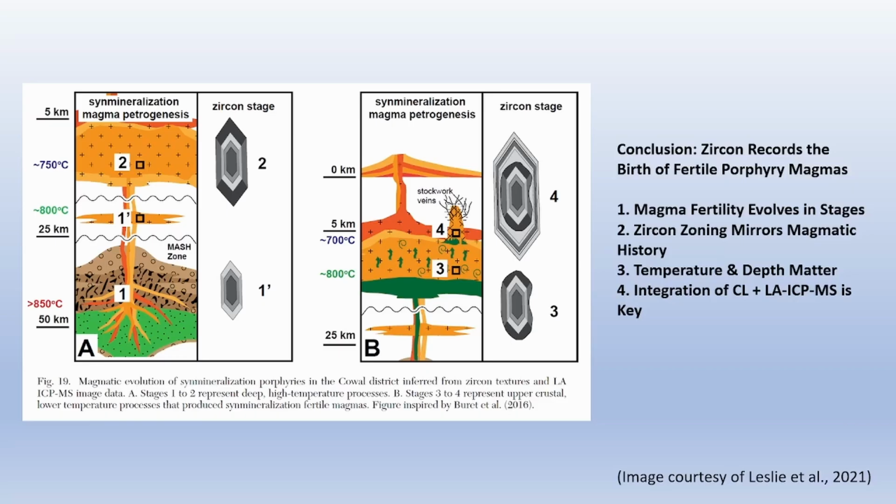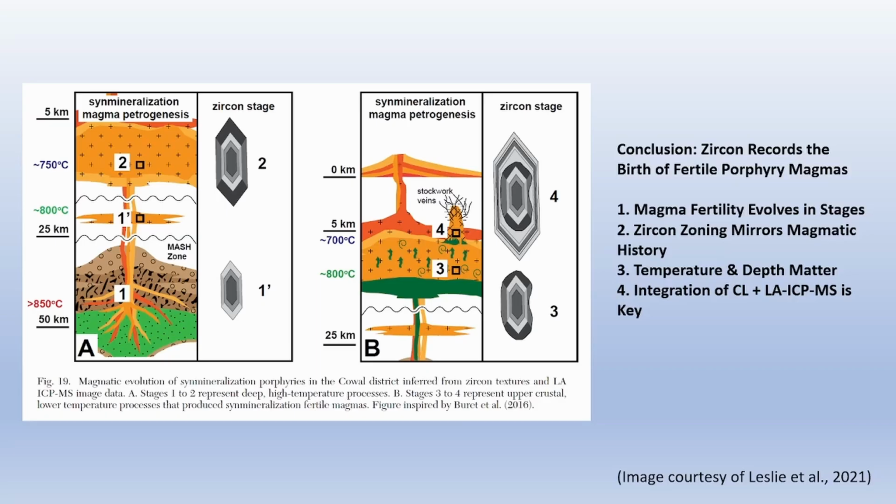Zircon crystals here develop complex rims, a chemical signal that the melt is fertile, oxidized, and metal charged. And each zircon growth stage from core to rim is a kind of time capsule. The textures and trace elements tell us not just when the magma evolved, but where the fertile ore forming conditions took hold.